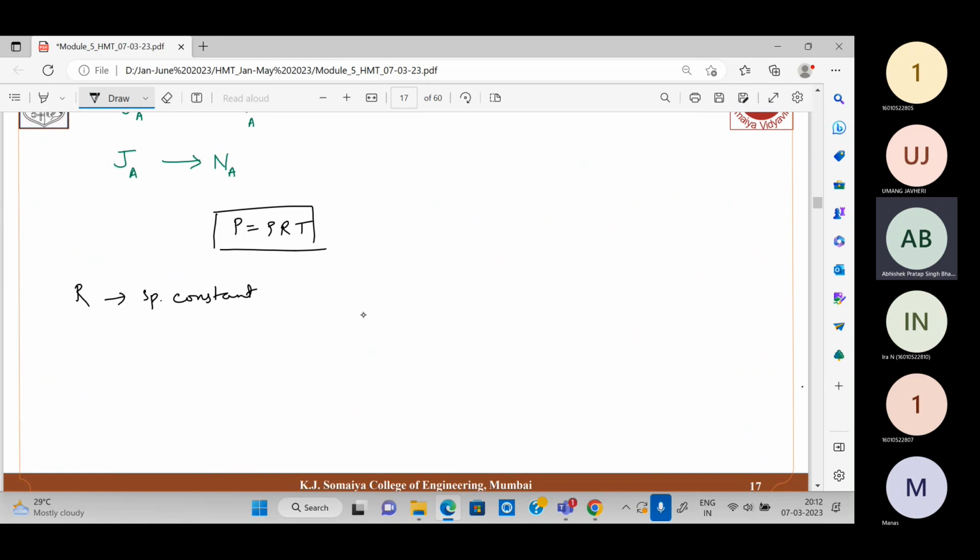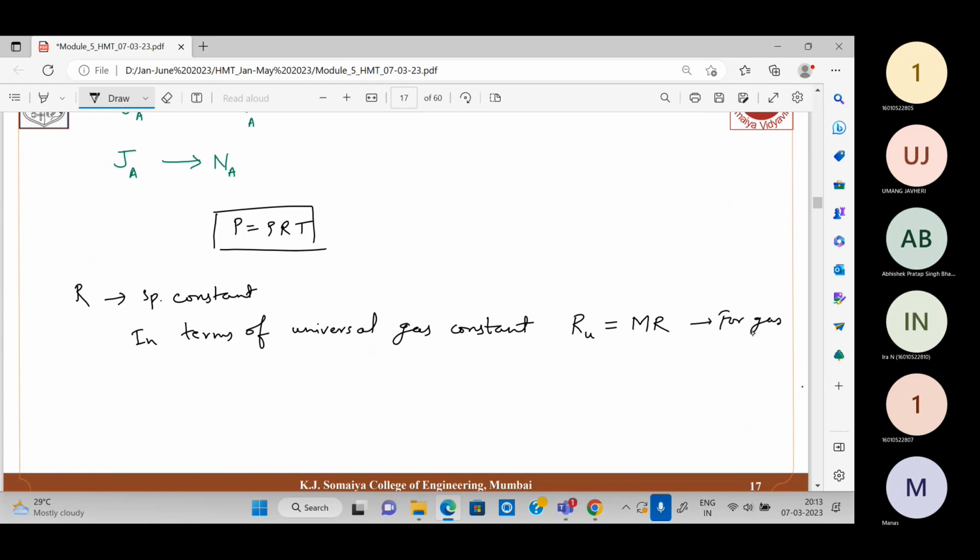In terms of the universal gas constant, R equals Ru divided by Ma for a gas component A.